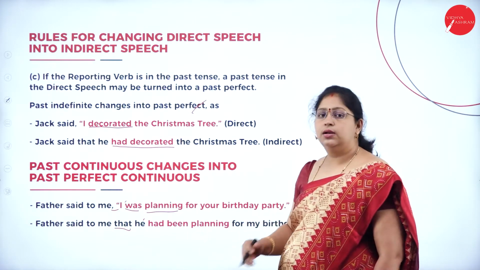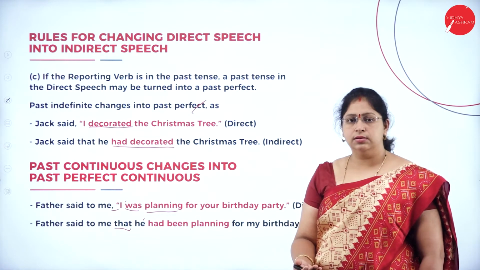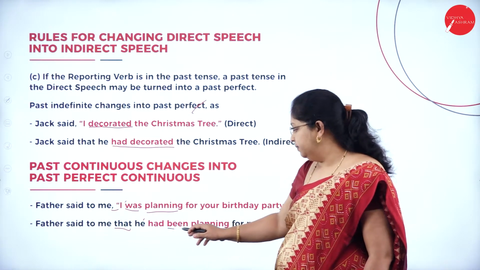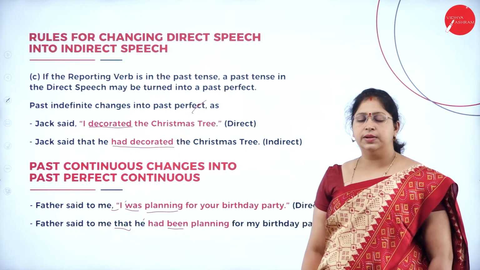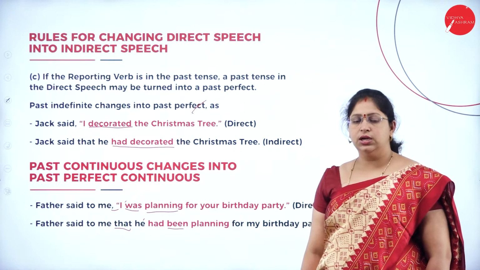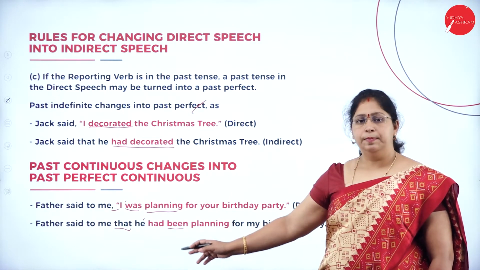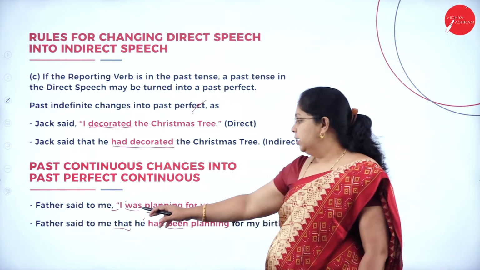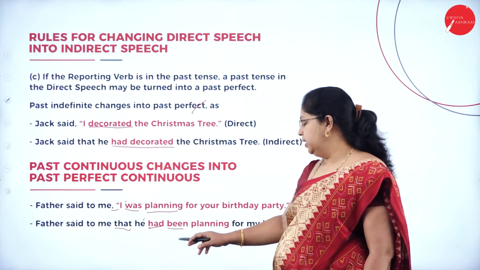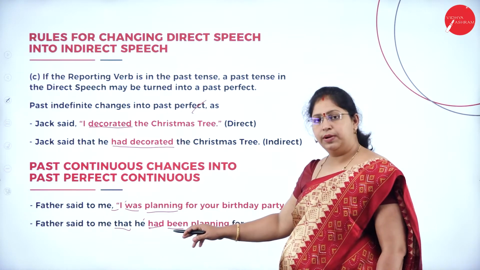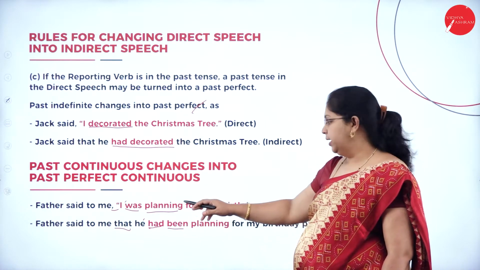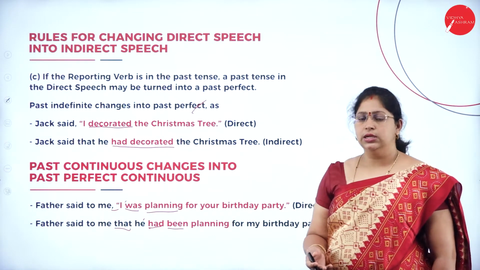So whenever you hear perfect tense, you have to add been. It can be present, past or future. If it is perfect and continuous, you need to add been. So here was becomes had, and to make it perfect tense we add been, and the continuous form remains the same.